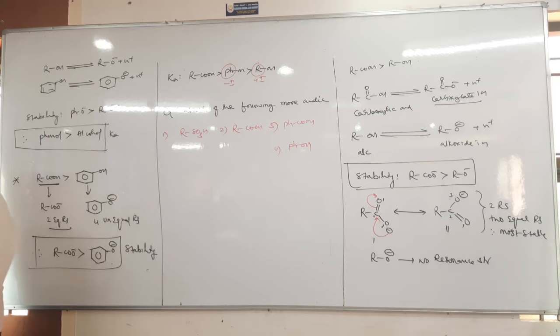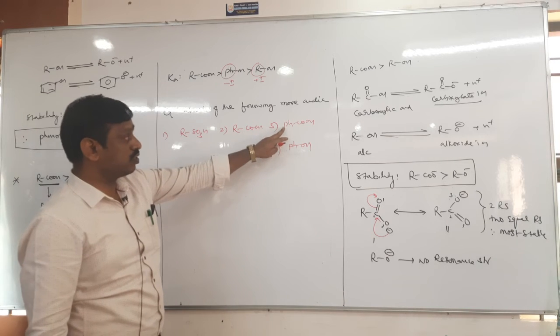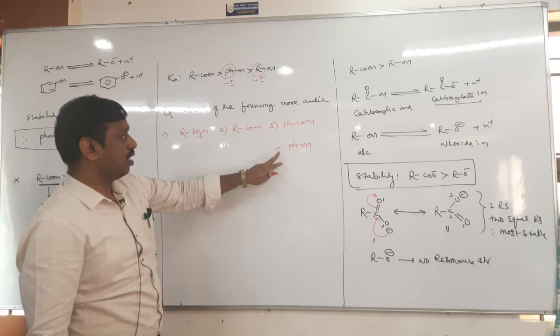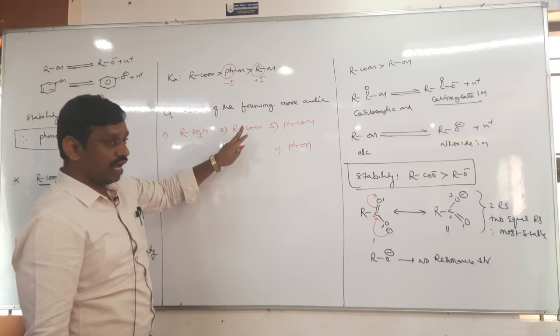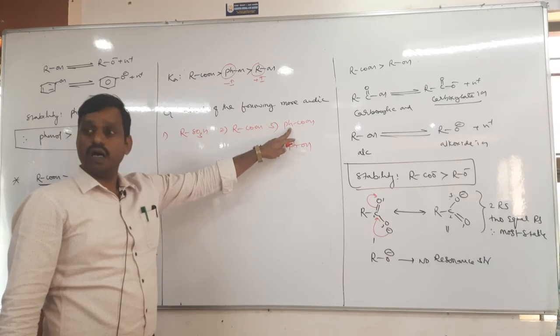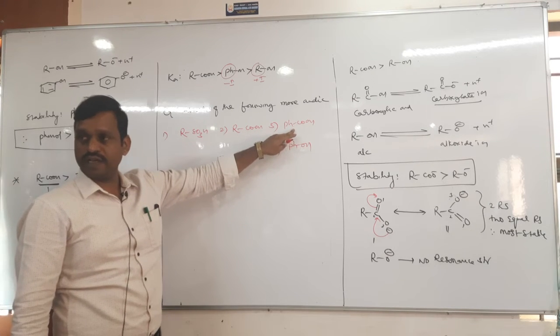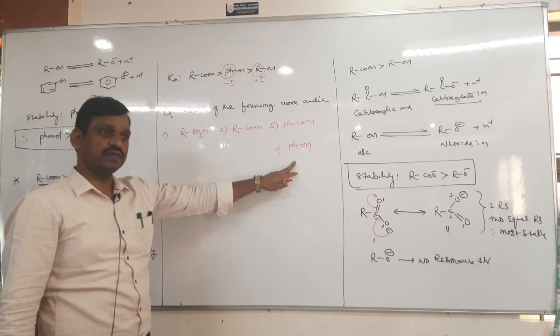Tell me, which is more acidic? We understood carboxylic acid, benzoic acid, and phenol. Among carboxylic acids, aliphatic and aromatic, and phenol, which is more acidic? Aromatic is more acidic, then next aliphatic, then phenol.